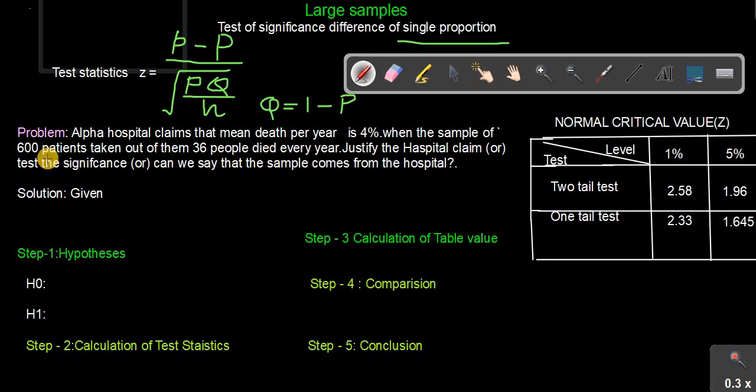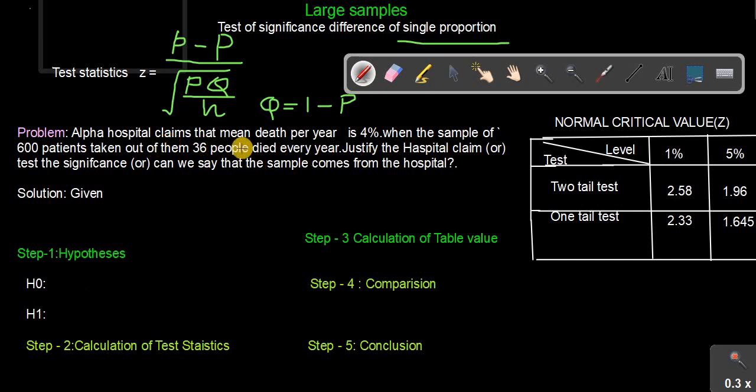So the total is 600 samples we are taking from the Alpha Hospital, and from our observation we see that 36 people die every year out of 600. Okay, this is the other data given to us, and what we must justify here is whether the claim by the Alpha Hospital can be accepted or not.